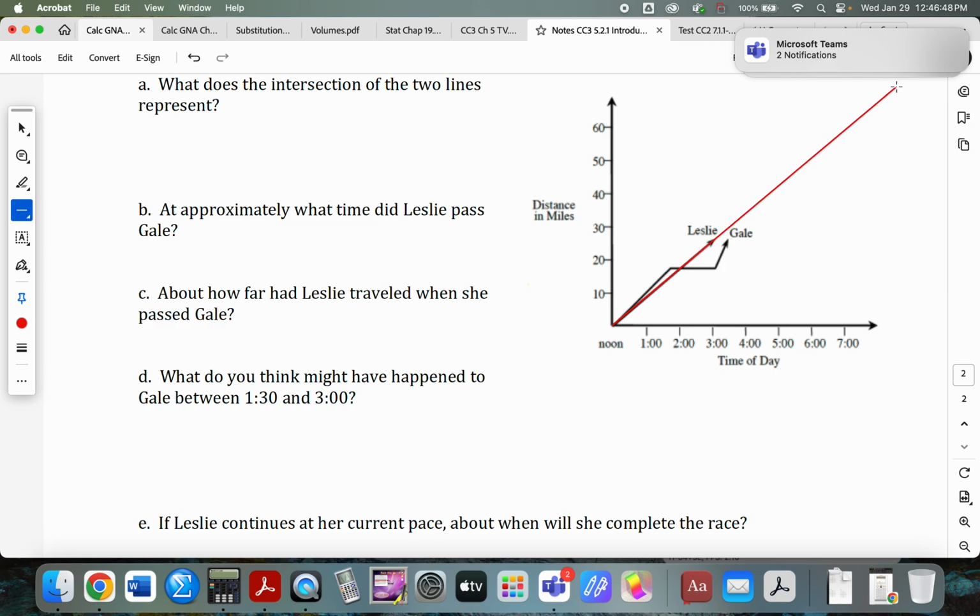If you go to 60, about 7:30. And if it's a 60-mile race, I'm getting like 7:15 to 7:20. 7:15, 7:30, 7:27. Somewhere in that time.